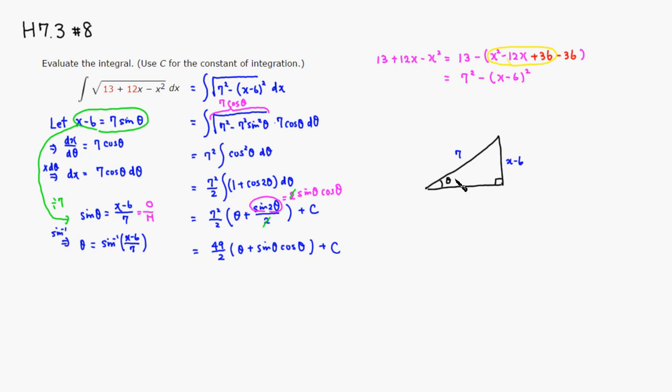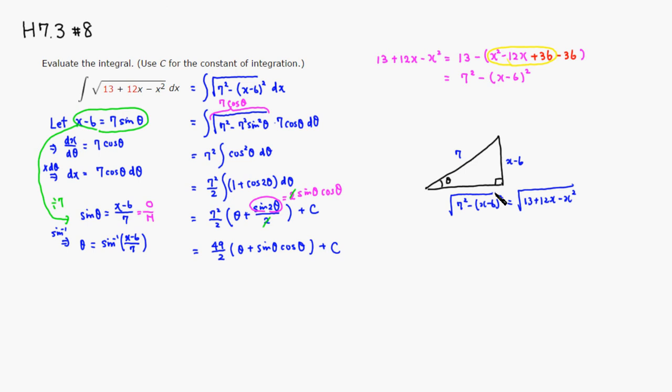Then for the adjacent, we can use the Pythagorean theorem: 7 squared minus x minus 6 squared, which is actually the original integrand, 13 plus 12x minus x squared.